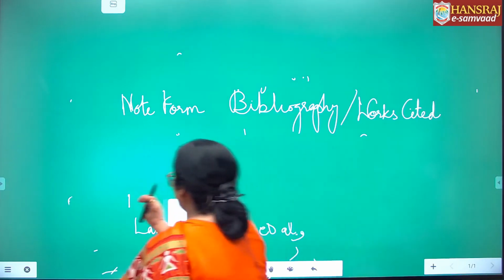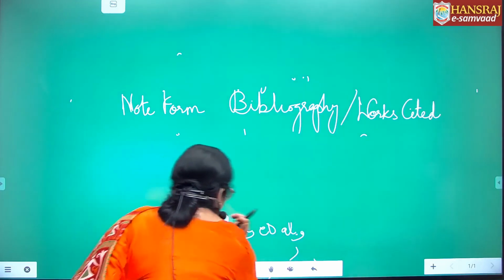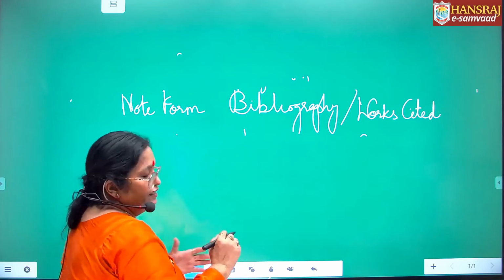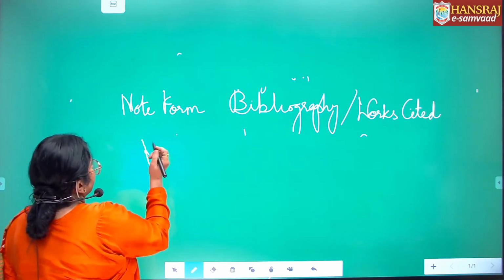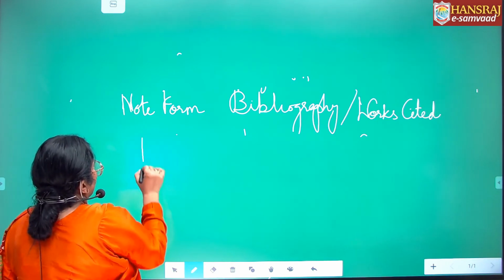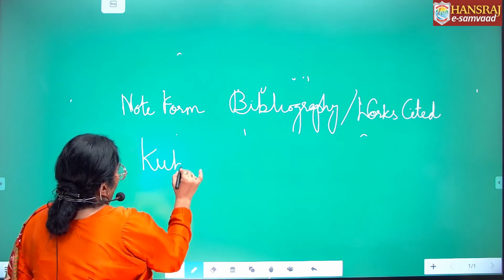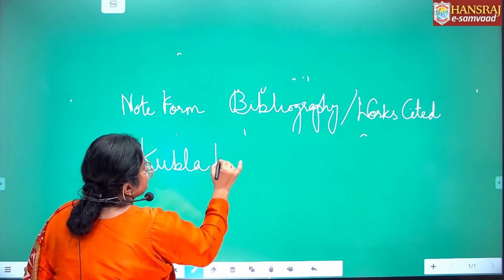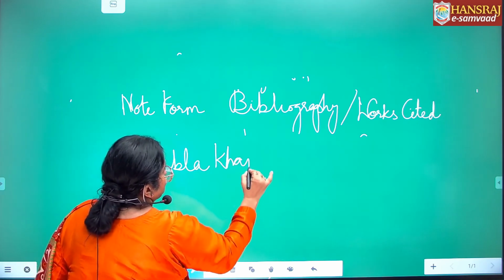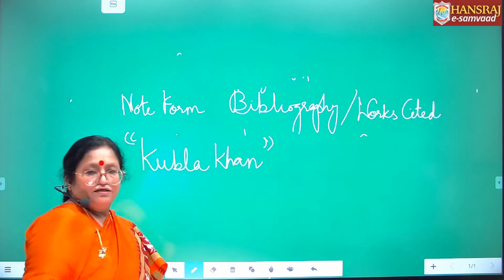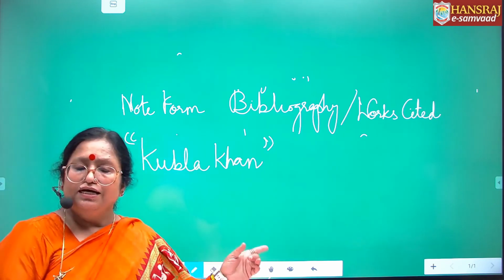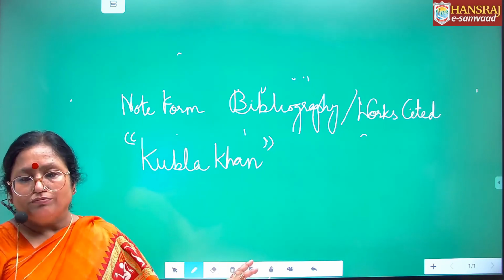For a book, I have told you, the text is underlined or in italics. But if it is a poem, let's say Kubla Khan, it is a small poem, right? So we will put double commas. Once it is in double commas, it is clear that this is a poem.